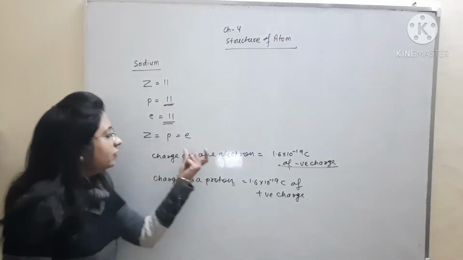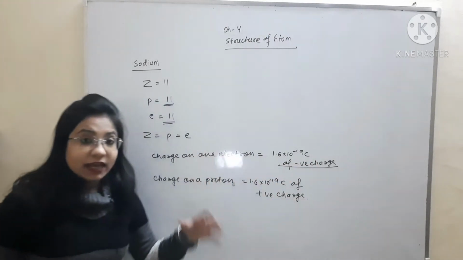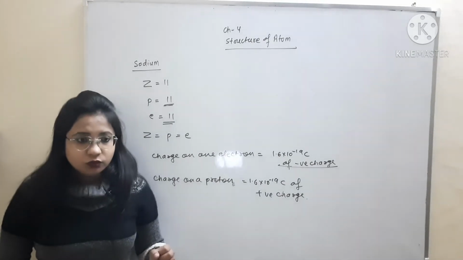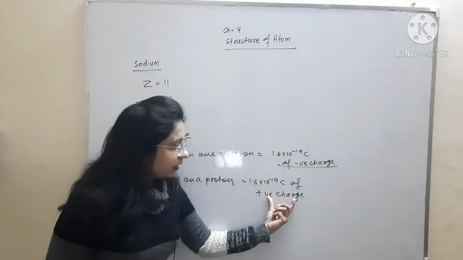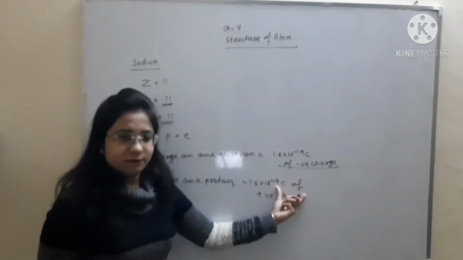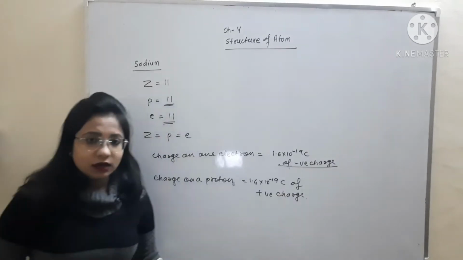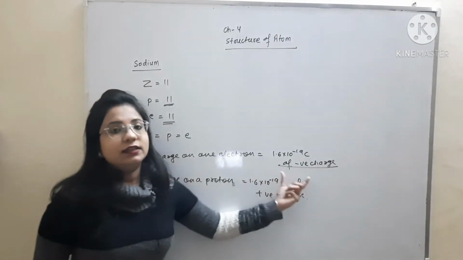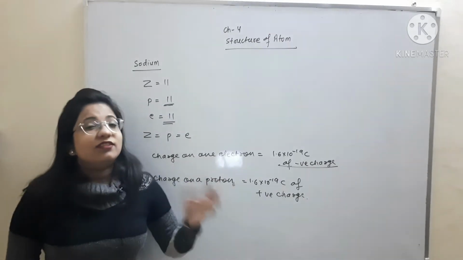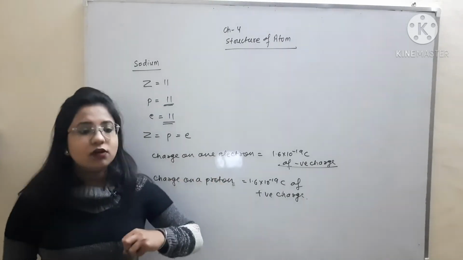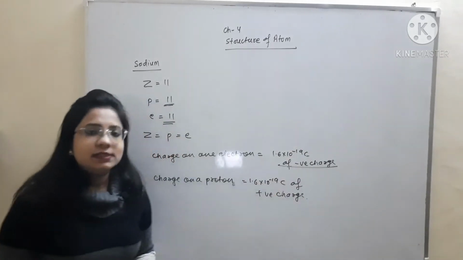That means that an electron and a proton carry the same amount of charge, only the sign is different. The electron carries that much negative charge and the proton carries that much positive charge. So they just vary in the sign of the charge, but the value of charge is exactly the same.